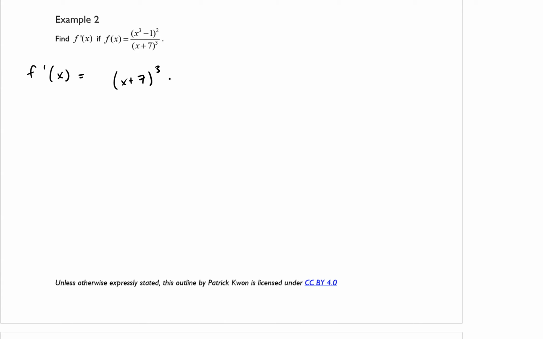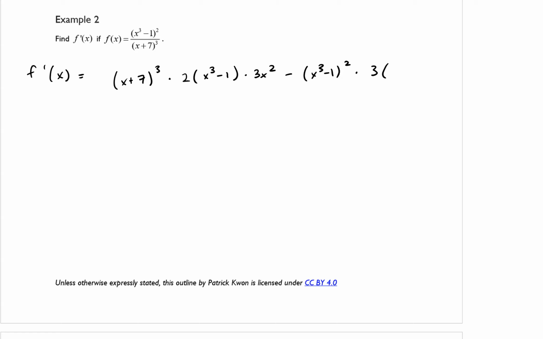So for the top function, we're going to have to use the power rule, and then we're going to need to use the chain rule for the inner function, and then do 3x squared. So that is for that portion. So bottom times the derivative of the top minus the top times the derivative of the bottom.